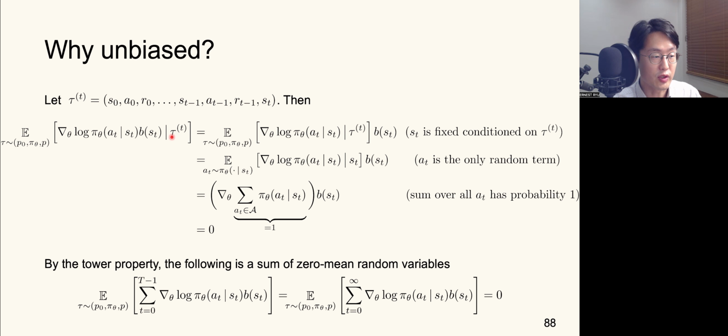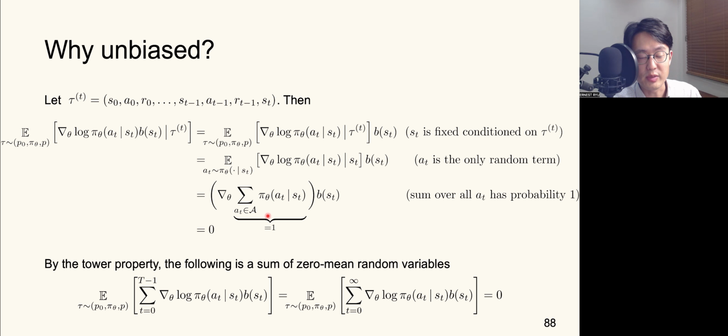Again, when we do this conditioning, state st is a deterministic quantity as far as this conditional expectation is concerned, because we're conditioning on st. So we can pull out bt from the conditional expectation, and then we are left with this quantity. Again, at is the only random variable left within this conditional expectation.